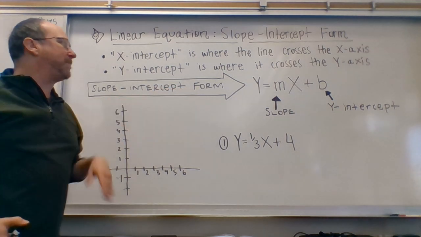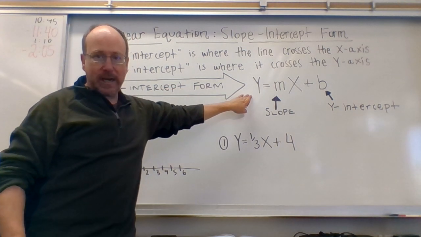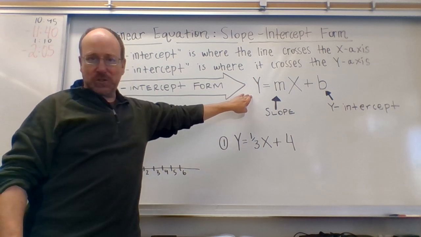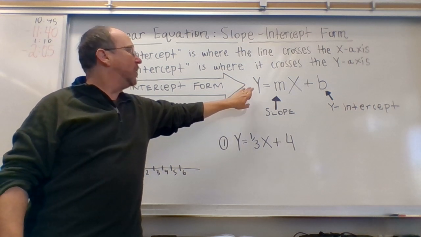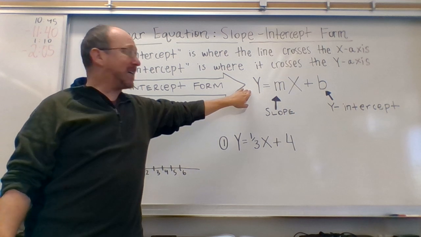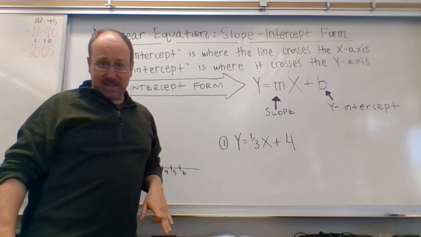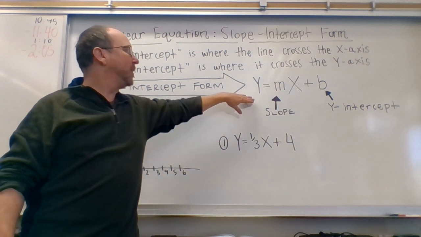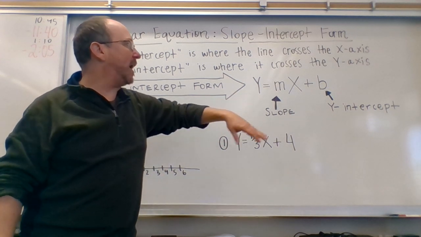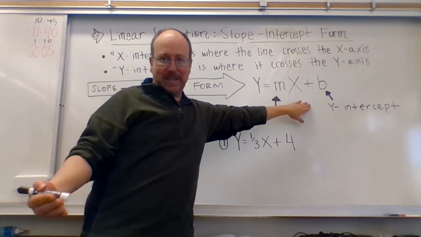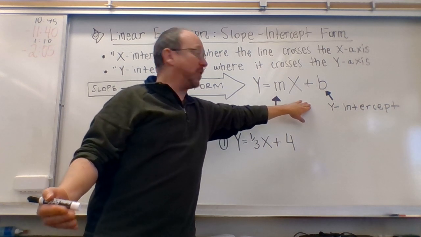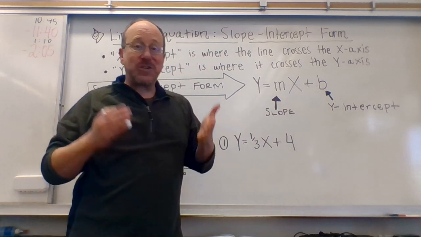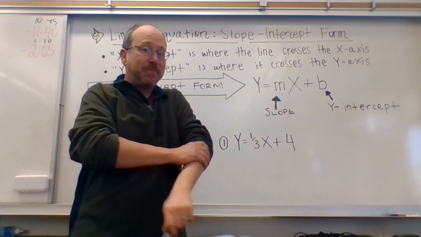So the slope-intercept form, and we've talked about this already, is y equals mx plus b, where y and x refer to the axes, where m is the slope of the line, the slant, the angle, the incline, and then b, which is just a straight up number, is actually the y-intercept.